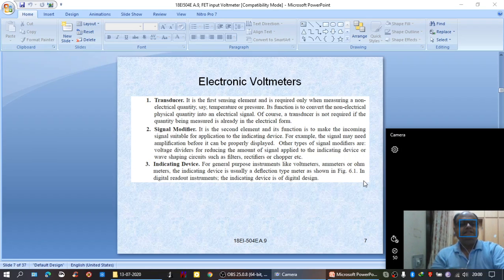Looking from the right, slightly decreased reading. So naturally, digital readouts are preferred to analog measuring instruments. And of course, nowadays, in most places, the indicating instruments are digital readouts only rather than analog instruments.